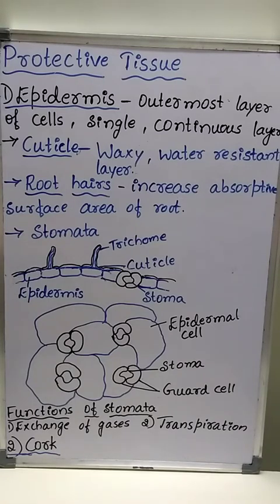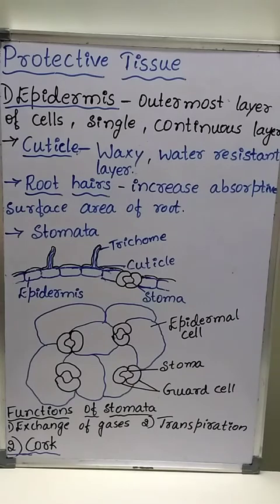If some amount of water molecules goes out of the plant body, it will not affect the growth of the plant. Hence, in mesophytic plants the cuticle is thin, whereas in xerophytic plants the cuticle is thick to prevent the loss of water by transpiration.